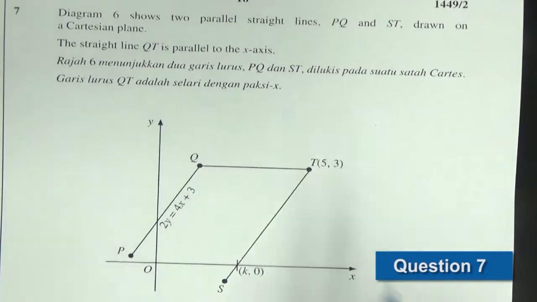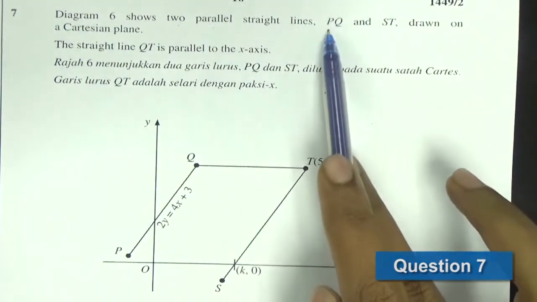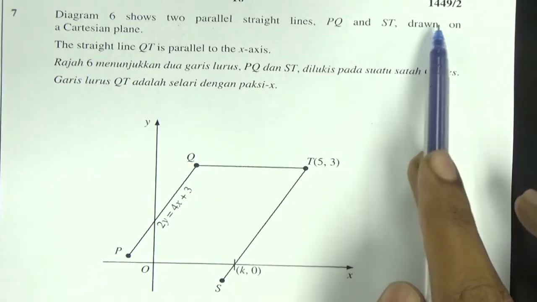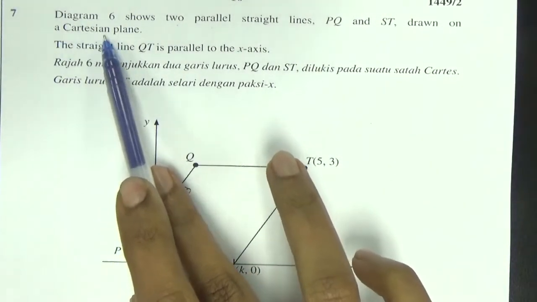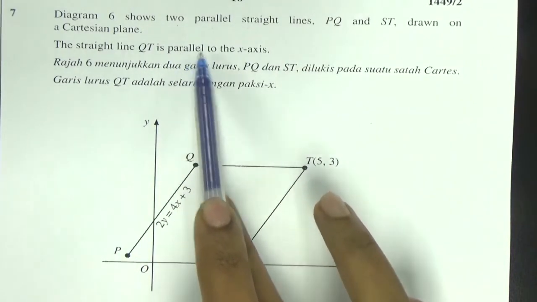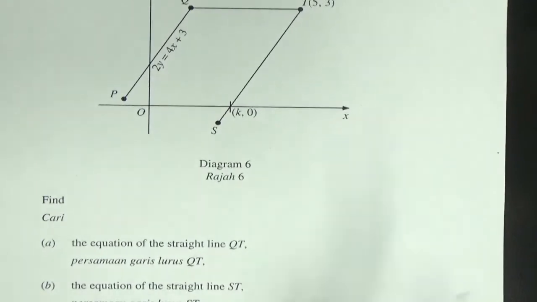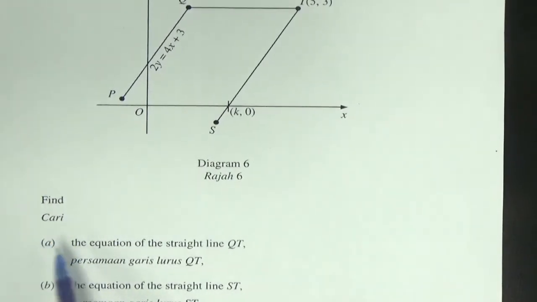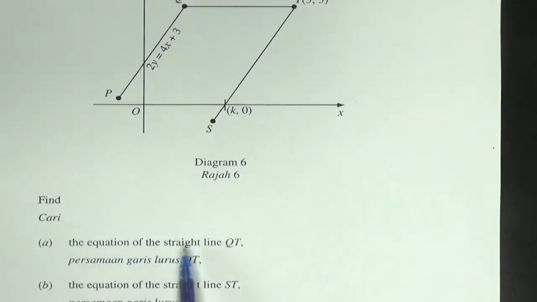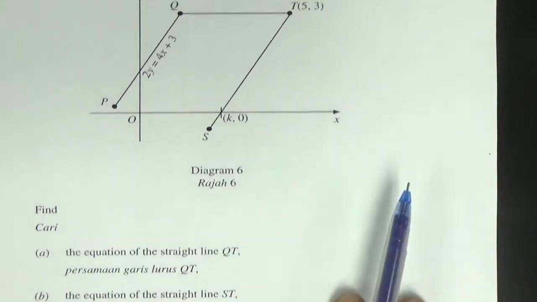Question 7. Diagram 6 shows two parallel straight lines PQ and ST drawn on a Cartesian plane. The straight line QT is parallel to the x-axis. So, the first question is the equation of the straight line QT.